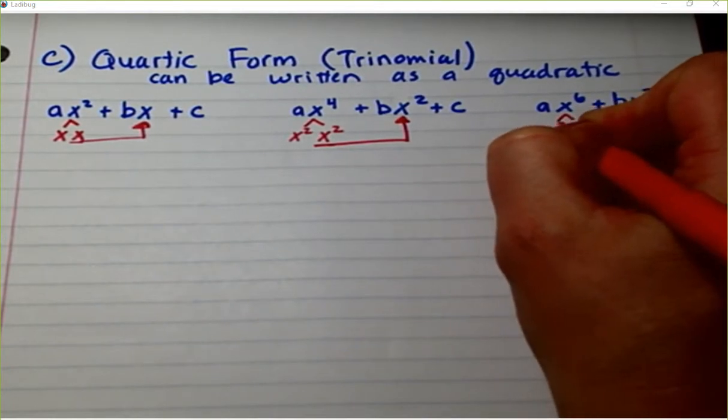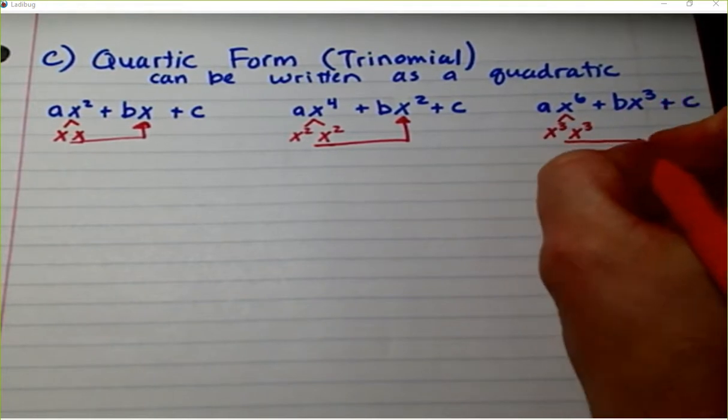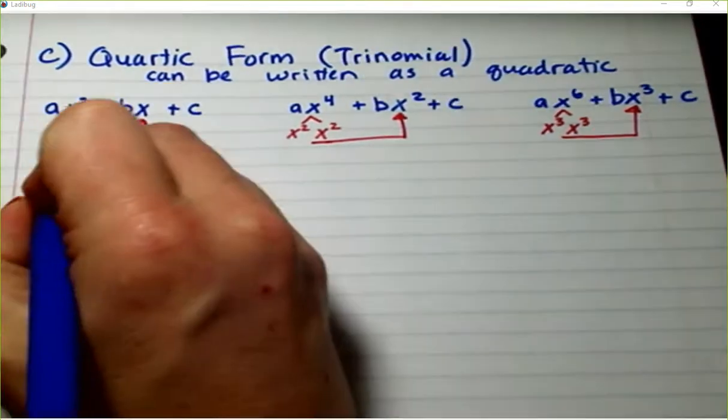X to the 6th is x cubed times x cubed, and the middle term is just one of them. So it helps you recognize that it is the quadratic form, because if that works, it's multiply-add numbers. We're like, yes, I'm good. I can do multiply-add numbers.